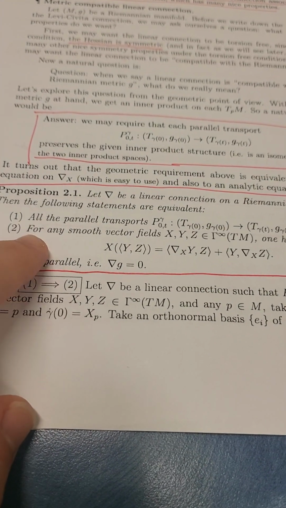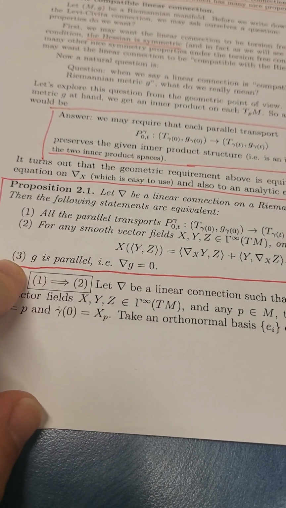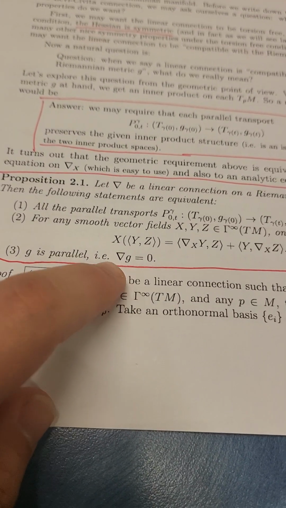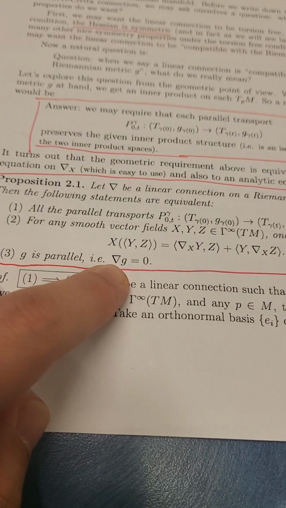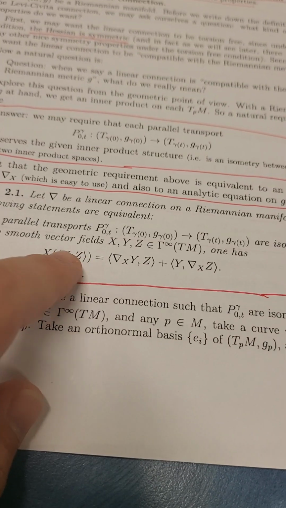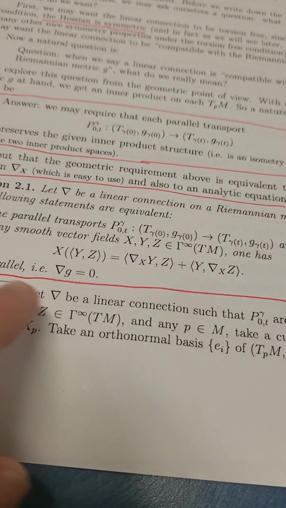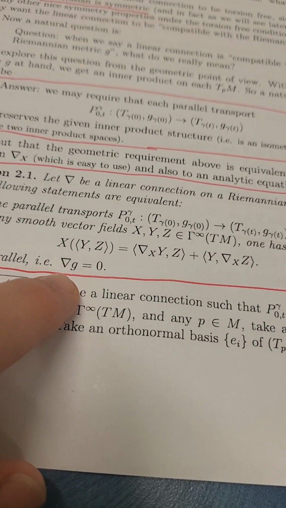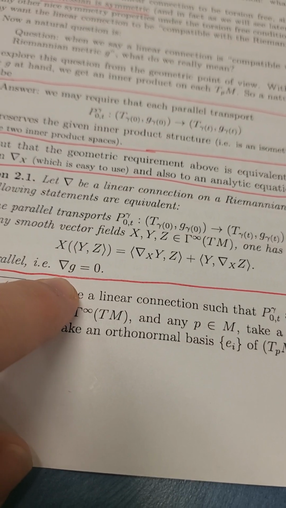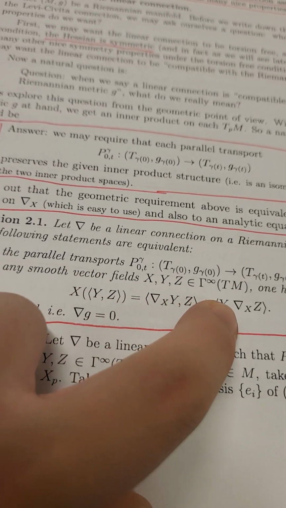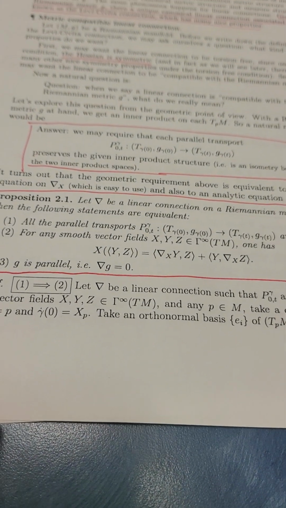And the product rule in terms of the covariant derivative is directly equivalent to just requiring that g is parallel. If you use the definition of the covariant derivative induced on the tensor, then this equation here, if you subtract over the left-hand side, this equation is literally nabla x of g of yz.